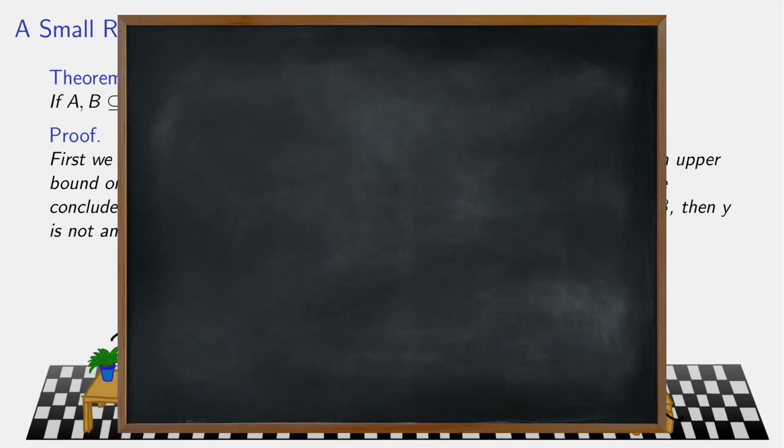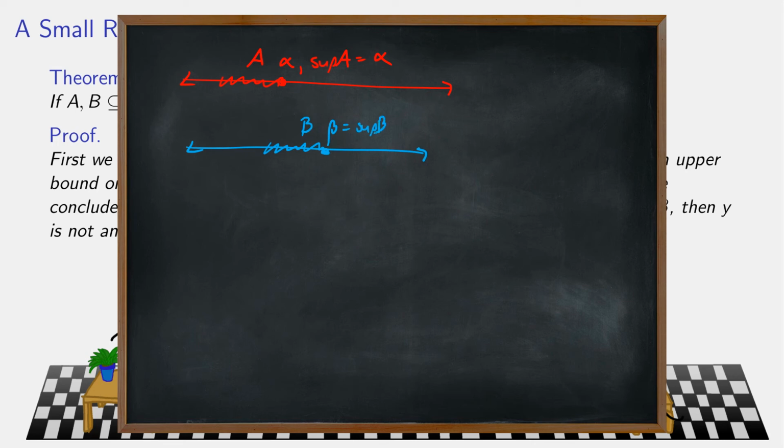Okay, so here's kind of what we are showing. If I took the set A, which has supremum alpha, and then I took the set B, and it has supremum beta, then I look at the set of all possible sums. We want to show that it has an upper bound of the form alpha plus beta.